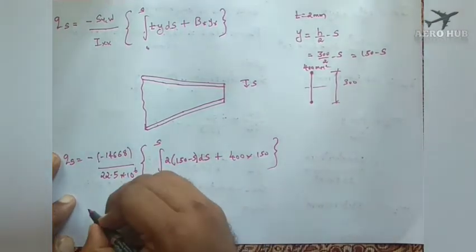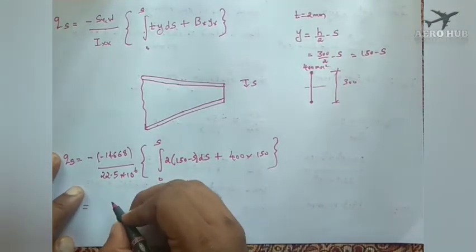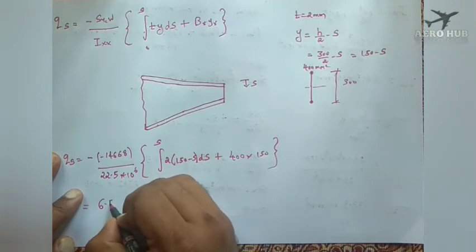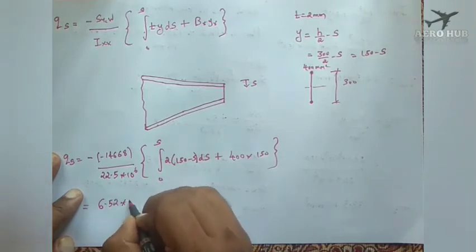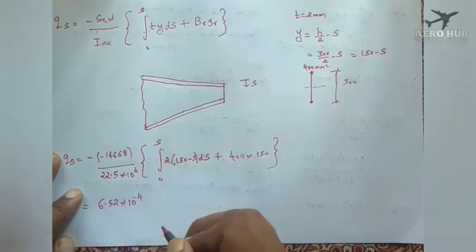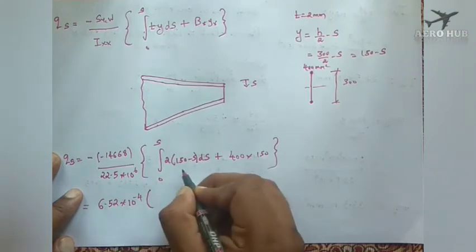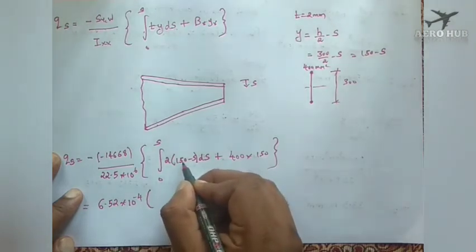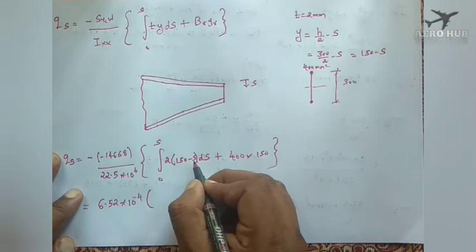So I calculate and get plus 6.52 into 10 power minus 4 into the integral of 300 minus 2s ds.